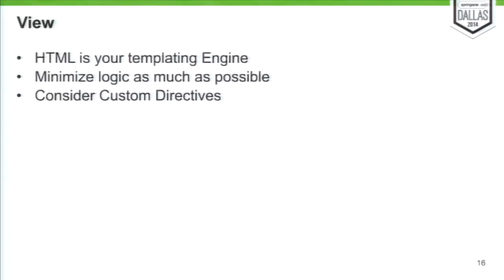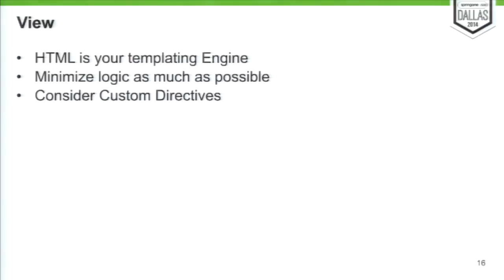The view was interesting moving into the Angular world. When you look at Backbone, etc., you had all your dedicated templating engines, Mustache or Underscore has some stuff. So basically you created your little templating thing that you then evaluated into your HTML page.